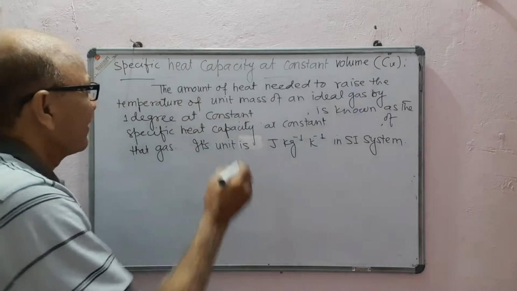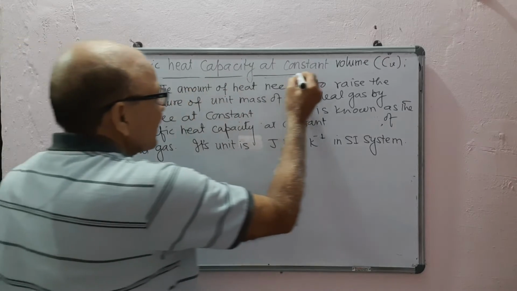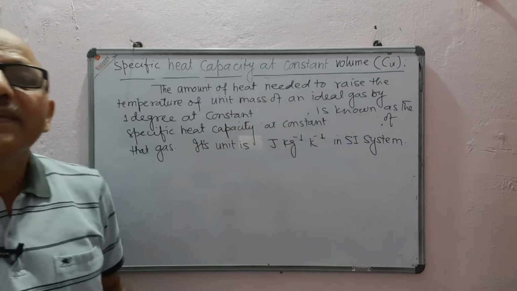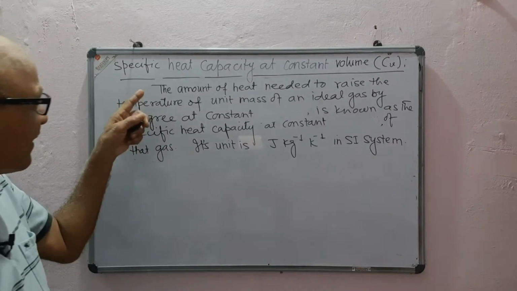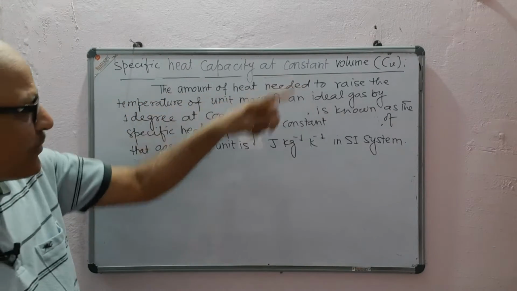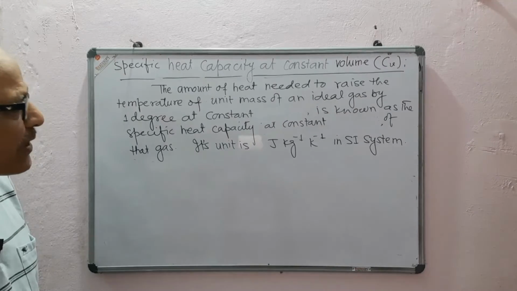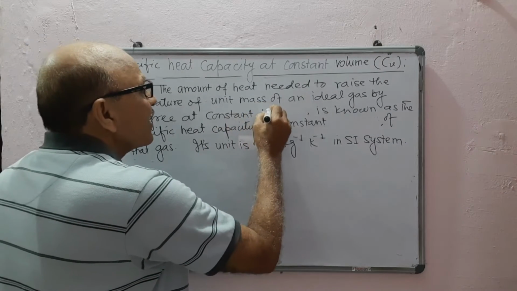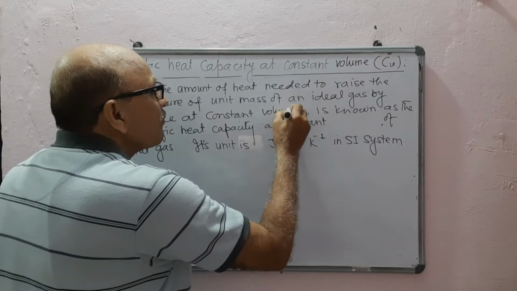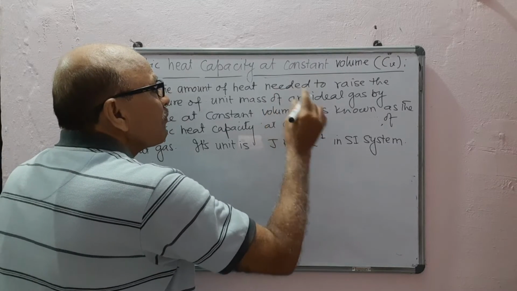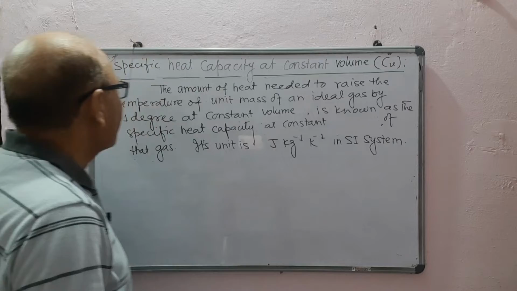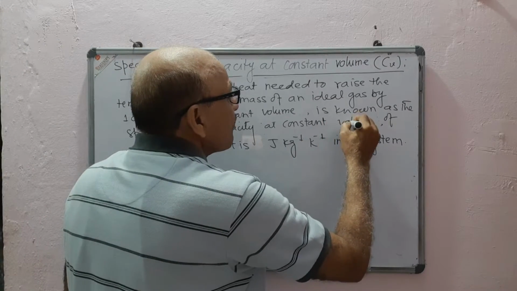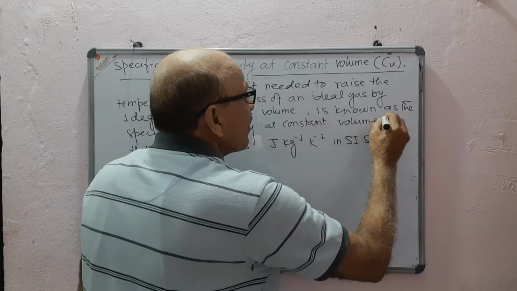In case of molar heat capacity at constant volume, symbol was C capital V, and here it is C small v. The amount of heat needed to raise the temperature of unit mass of an ideal gas by 1 degree at constant volume is known as the specific heat capacity at constant volume of that gas.